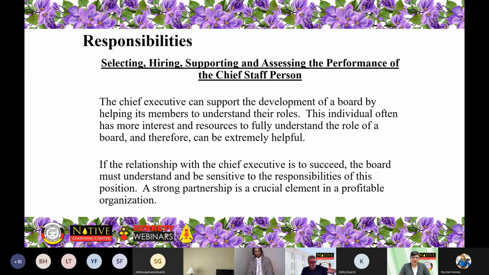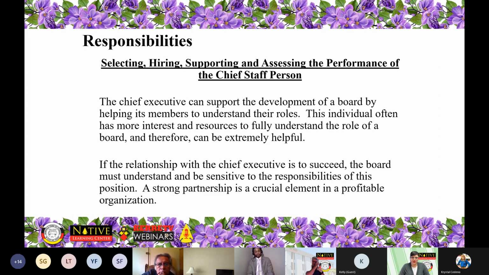We do not get involved with those individuals that report directly to the executive director. Our communication is streamlined between that staff person and the board. So selecting, hiring, supporting, assessing that executive director position is part of the responsibility of a board. No problem with that type of thing. So I talked about that and that relationship.